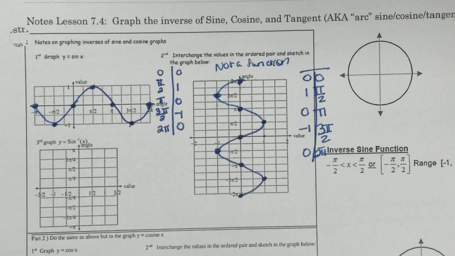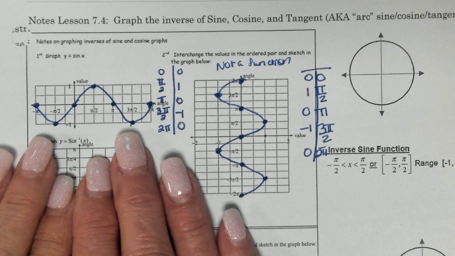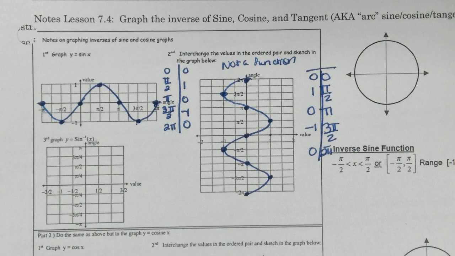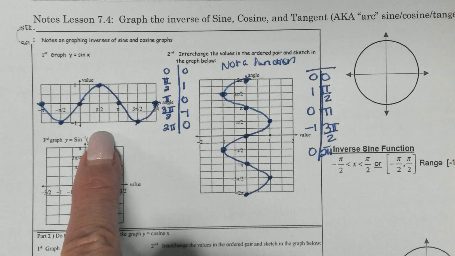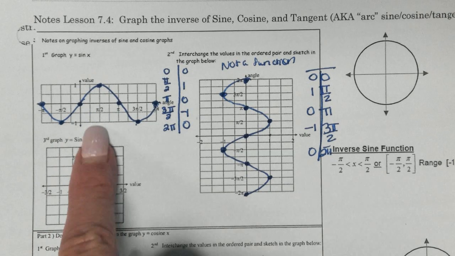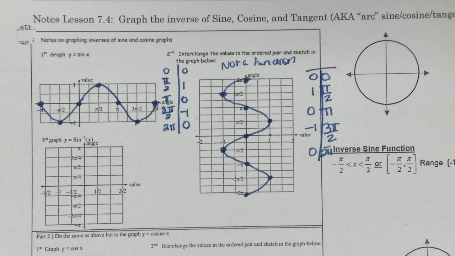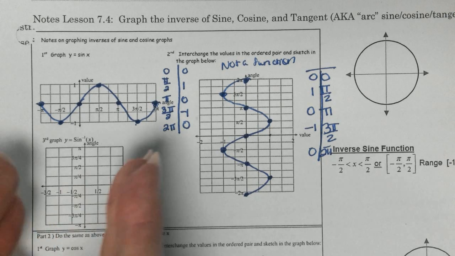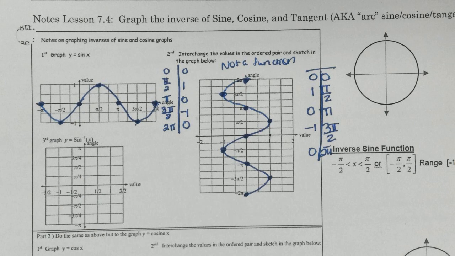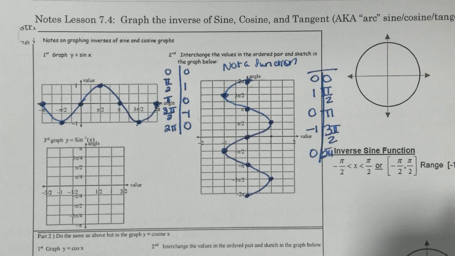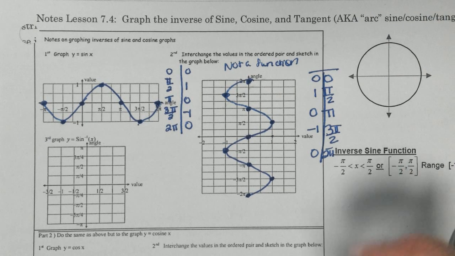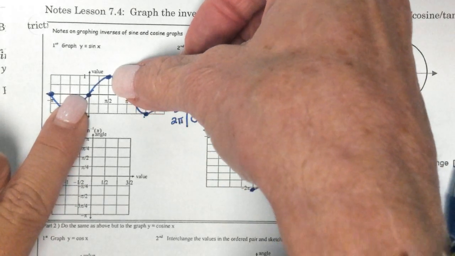So where could I restrict the domain so that I get all the points possible from my minimum to my maximum this way, but I don't repeat values? Where could I put my restrictions on here? Anybody got any ideas? Let's look at quadrant 1 right here.